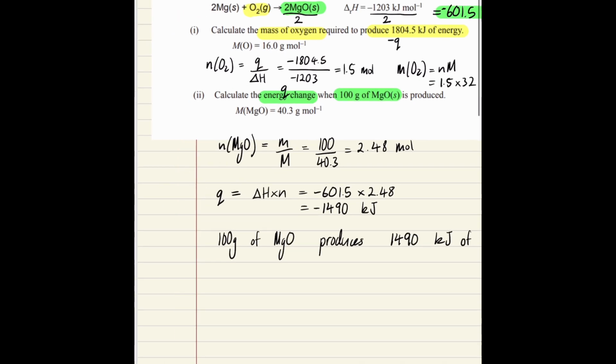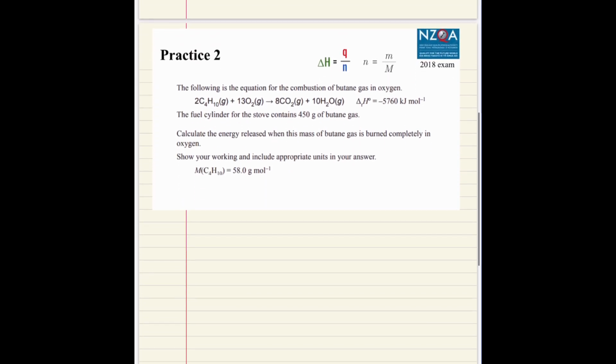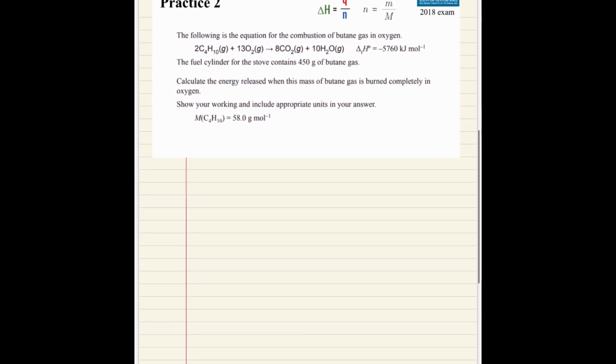This is kind of as tricky as it gets, just when you're dealing with a different ratio. Alright, so it's not just 1 mole of something. We've got some more practices. So again, I'll get you to pause the video. Give this one a go. Okay, it's following the exact same thing that I did before.